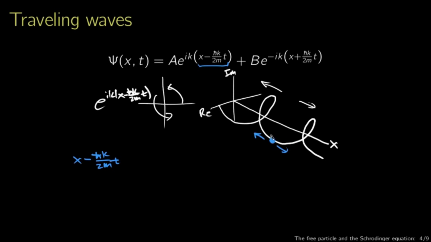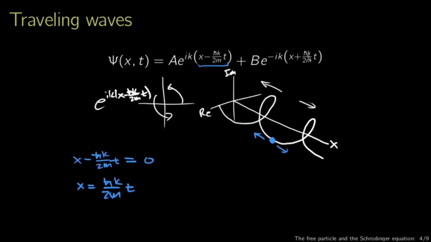This specific point on the spiral, as the spiral moves, is going to be represented by a constant value of this argument. And if all I'm caring about is what direction the wave moves, I might as well set that constant equal to 0. What that means is I can write this as x equals h bar k over 2m t. And this immediately tells me that as time increases, x increases for this specific point on the spiral. So in this particular case, the wave is going to the plus x direction.